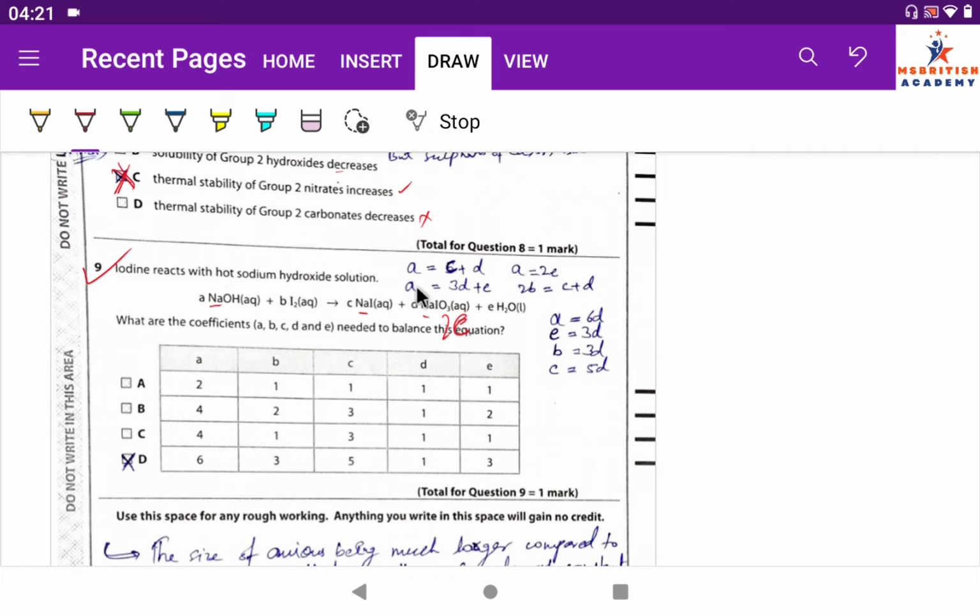Instead of A you can write 2E is equal to 3D plus E. Now you can take this E from the left side, so E is equal to 3D. Now you can put E is equal to 3D here, so you will get A is equal to 6D.